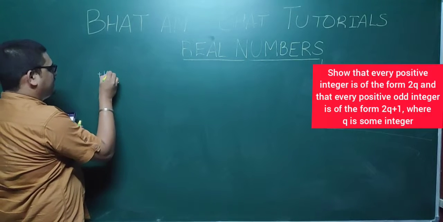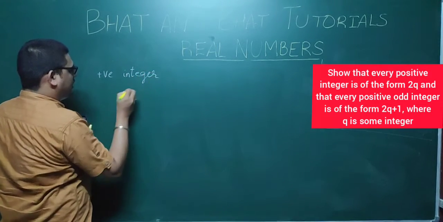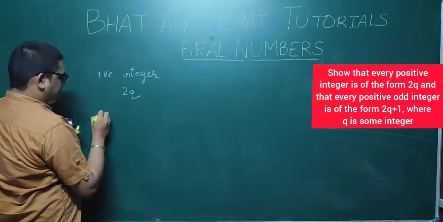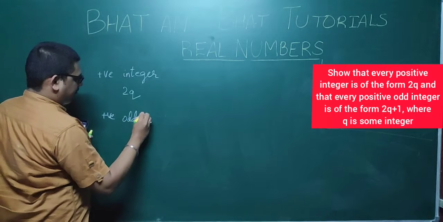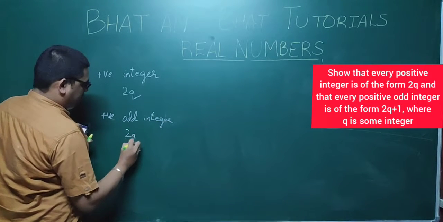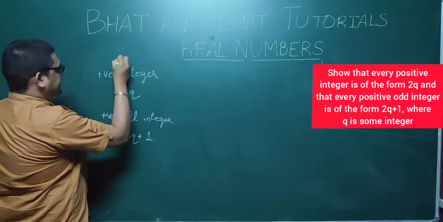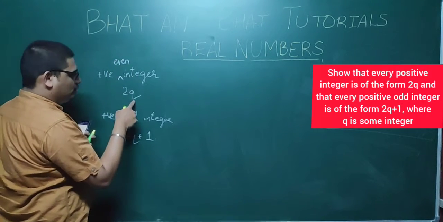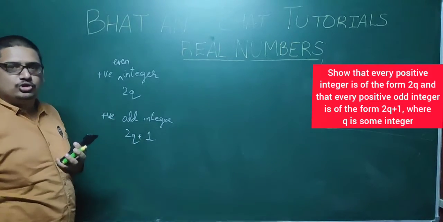Positive even integer can be represented as 2q, whereas positive odd integer can be represented as 2q plus 1.